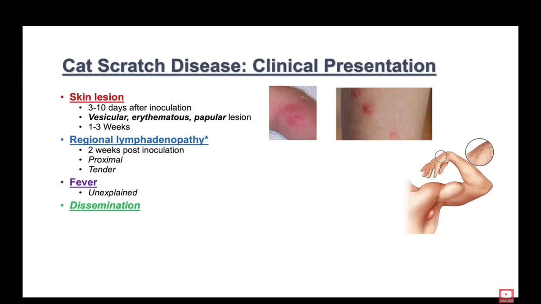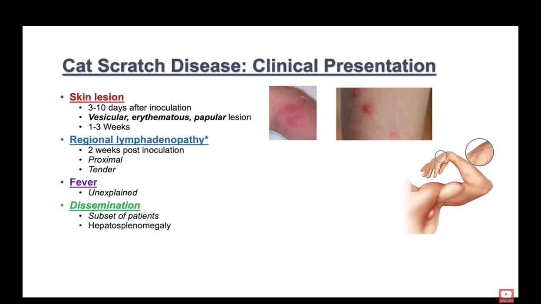Now, other than these 3 most common signs and symptoms, there are also certain instances where individuals can have a disseminated cat scratch disease. It is unsure about the pathophysiology as to why this happens, but a subset of patients can get dissemination of their cat scratch disease.